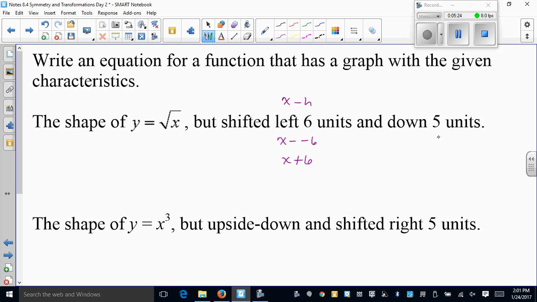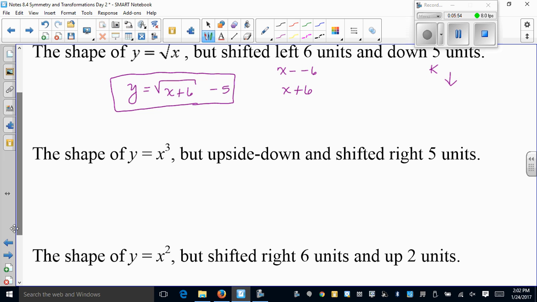And it's just moved down 5. So this guy is going to be y equals the square root. This goes with it, moved left to right, you're going to go with the grouping, x plus 6, minus 5. That minus 5 will be on the outside. So the biggest thing is identifying what the main function is and whether or not you have to group it with the x.